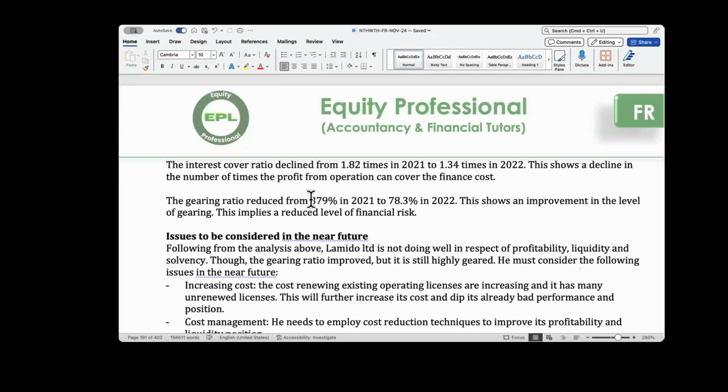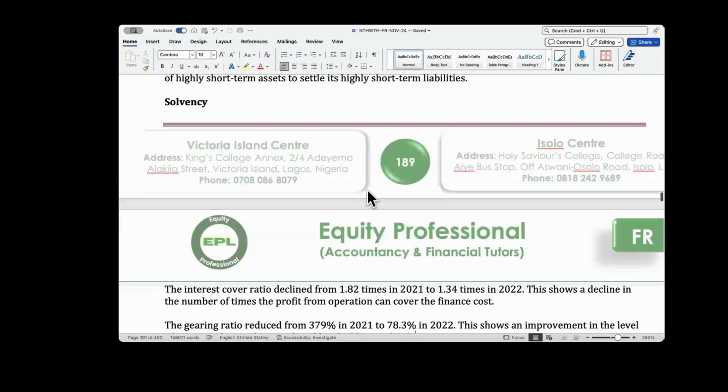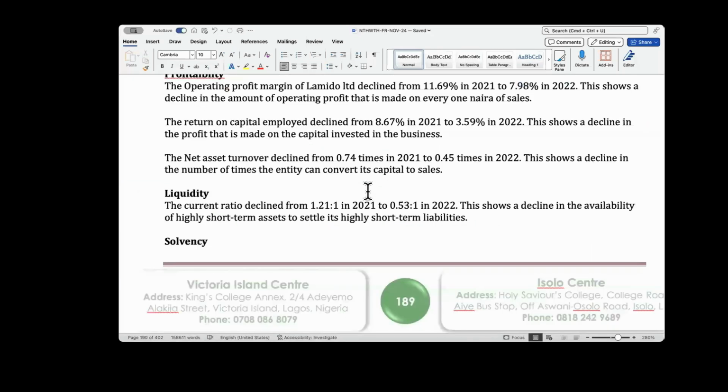I said, this reduced from 379% in 2021 to 78.3% in 2022. You see, reduction in gearing is an improvement. I said, this shows an improvement in the level of gearing, and this implies a reduced level of financial risk. See, if you keep things simple, you will not only pass, you will pass excellently.